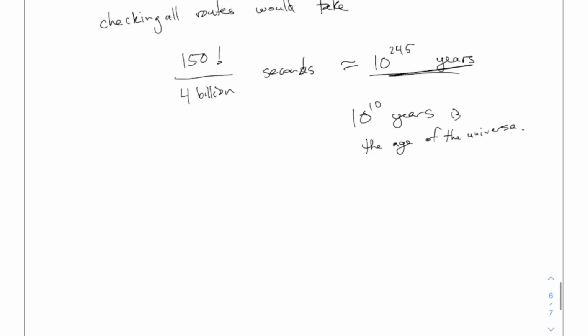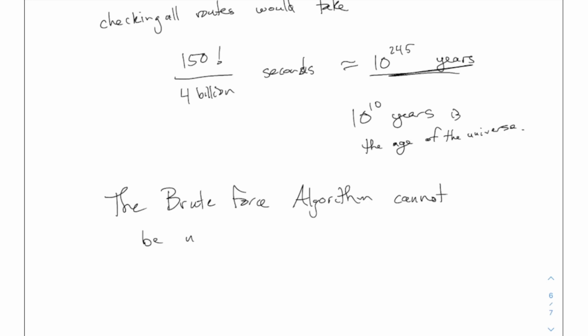So the moral of the story here is that the brute force algorithm cannot be used to solve real world problems. You can do it for like 4 or 5 different vertices, but in a real world scenario, which has, say, 100 vertices, there's no way you can use the brute force algorithm.